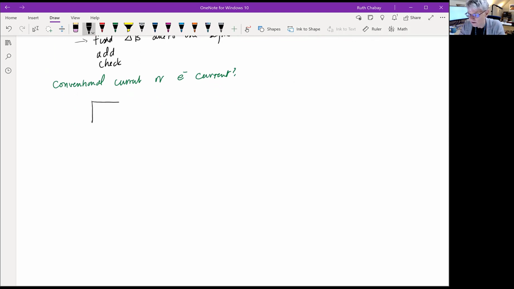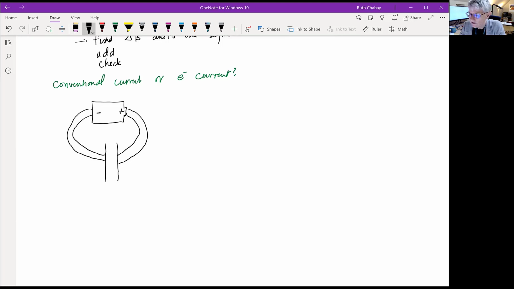So here's a battery, and a battery has a little bump on the end at the positive end and the negative end. Suppose we connect a capacitor to a circuit with a battery. So we put a wire from the negative end of the battery to one plate of the capacitor, and a wire from the positive end to the other plate of the capacitor.